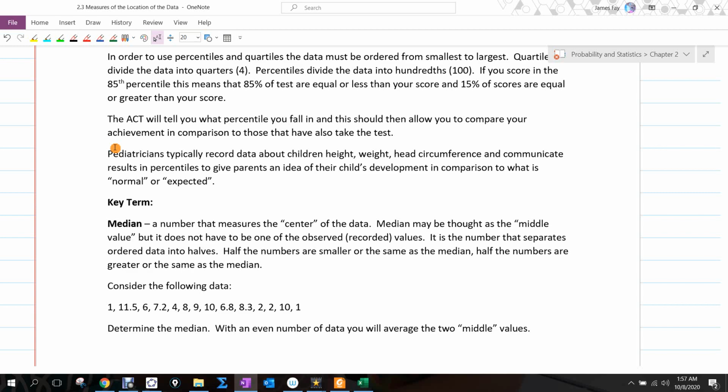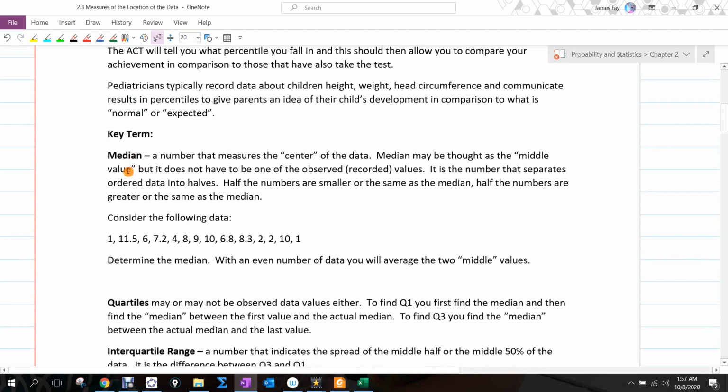And then adjust therapies per that. Median, number that measures the center of the data. Median may be thought as the middle value, but does not have to be an observed value. Okay, if we have an even number of data points in our sample, our median will actually be the average of the middle two values.